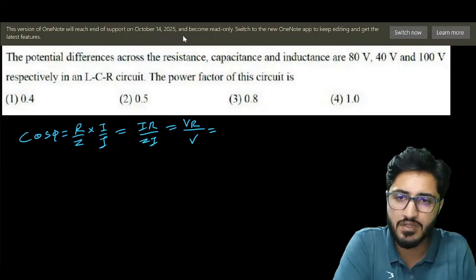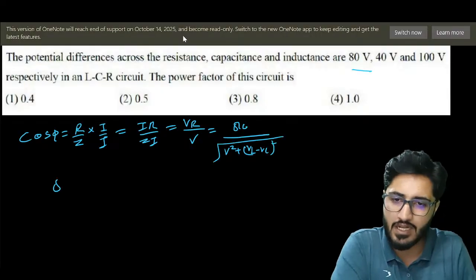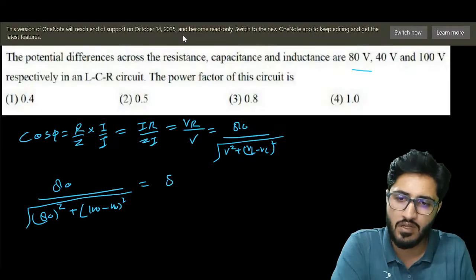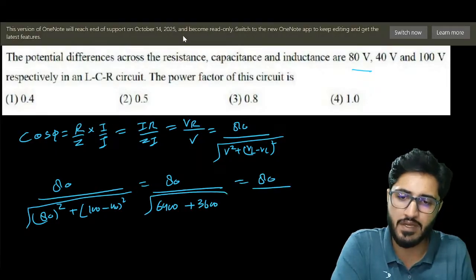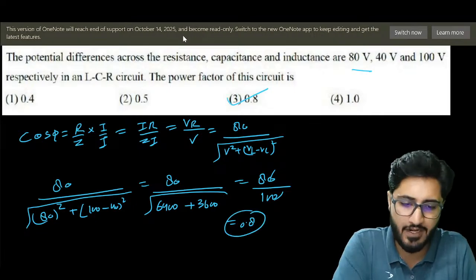VR is how much? 80. What is V now? It is square root of VR square plus VL minus VC whole square. I can write 80 divided by square root of 80 square plus VL, which is 100, minus 40 square. 80 divided by root of 6400 plus 3600, 80 divided by 100, 0.8. 0.8 is my answer.